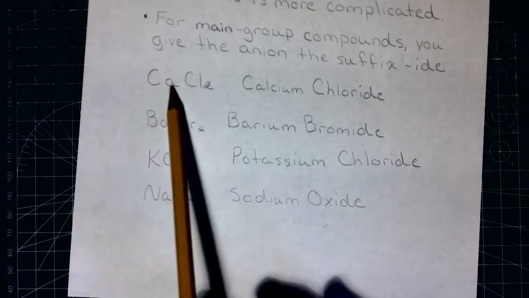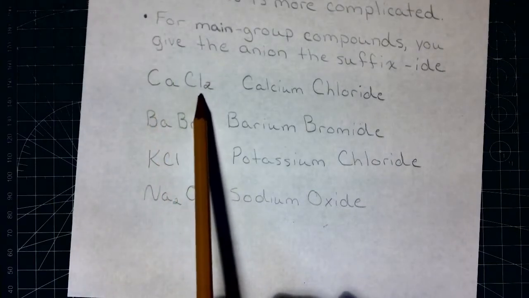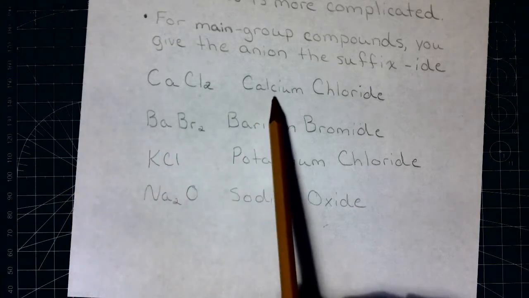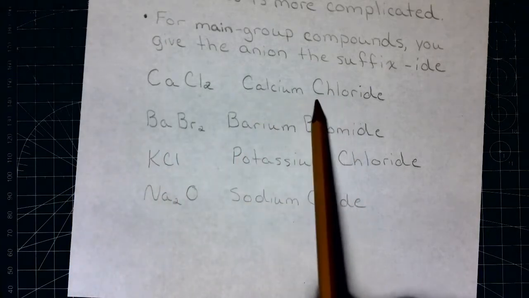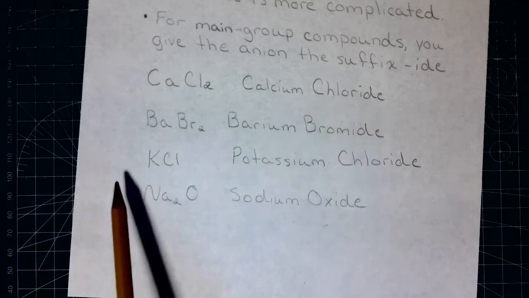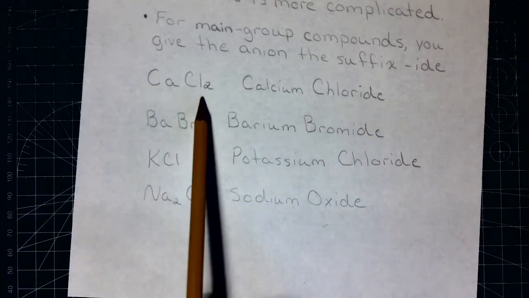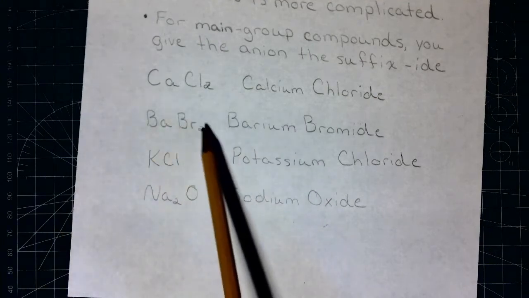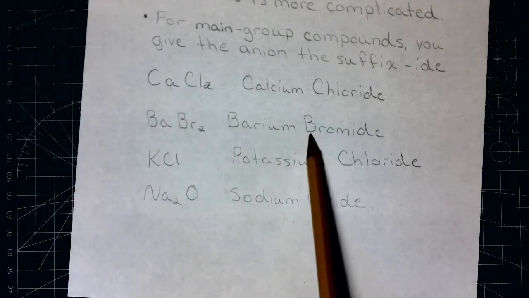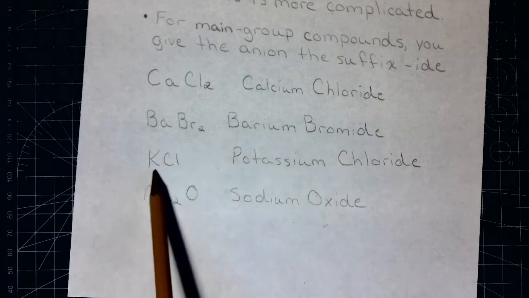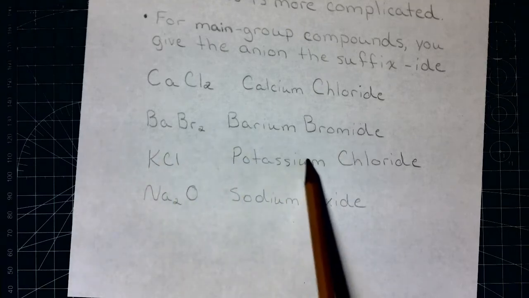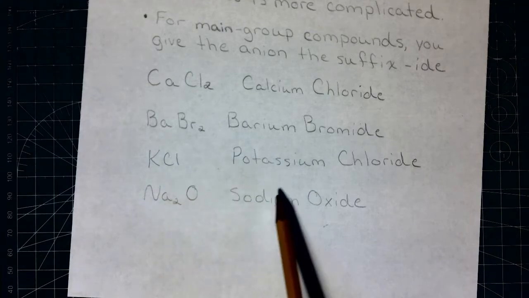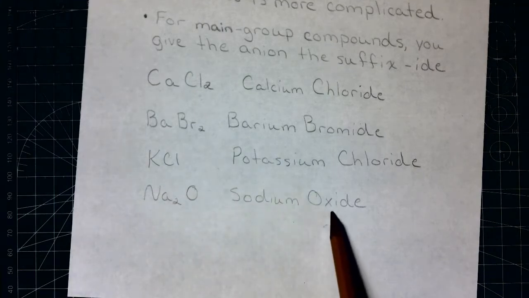So if you have a calcium bound to 2 chlorine atoms, you're going to write that name down as calcium chloride. You may have noticed me calling them chloride anions already. Barium with 2 bromines, that's barium bromide. Potassium chloride. Sodium with oxygen, you're going to call that sodium oxide.